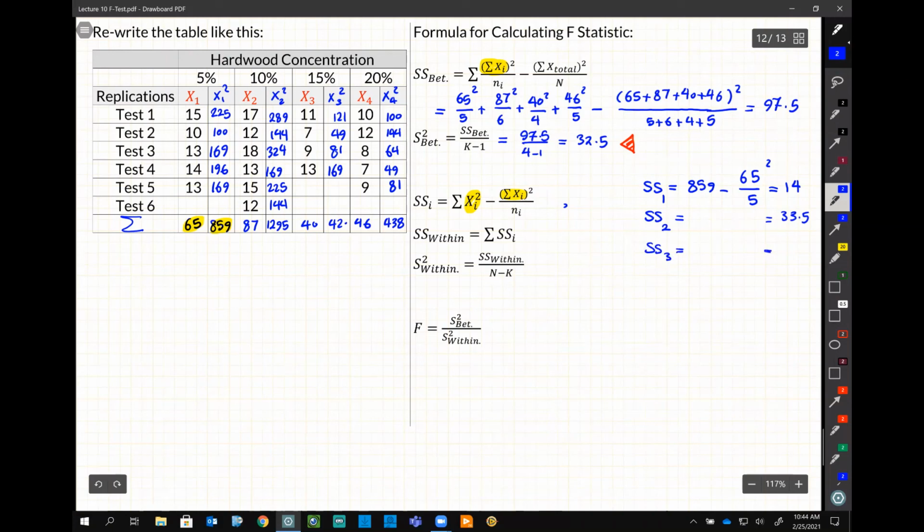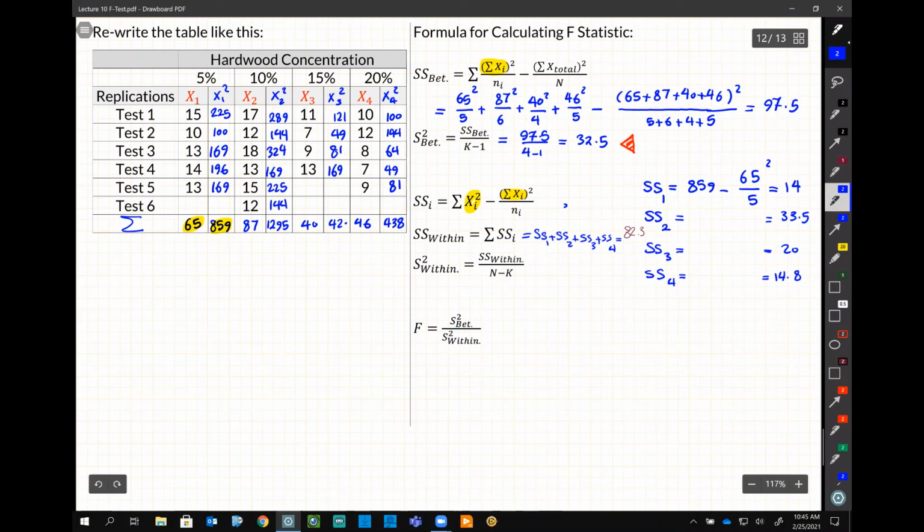SS3 and SS4 is going to be 14.8. And here we just add these 4 numbers, SS1, SS2, SS3, SS4, which will give us 82.3.